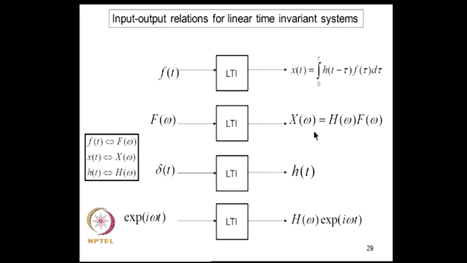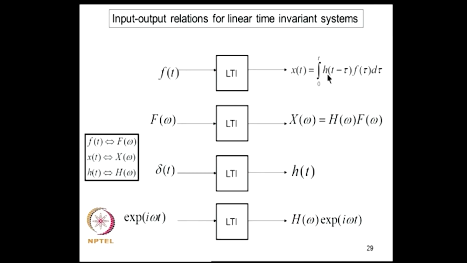The output can be expressed in terms of the Fourier transform of the input and the system frequency response function known as H of omega. The convolution integral is a fairly complicated integral at that, whereas in frequency domain it is an algebraic operation. So, this operation is far simpler than doing convolution. So, that is one reason why we go into frequency domain.